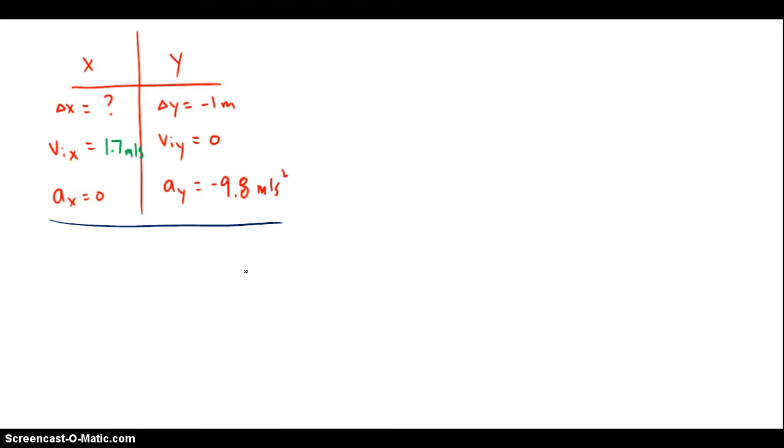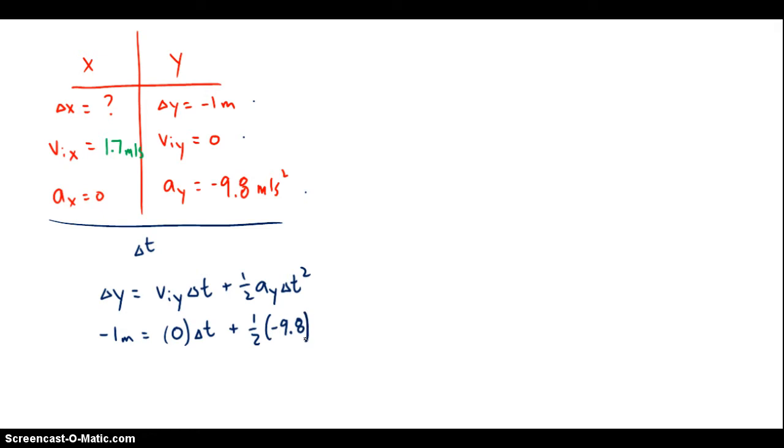So let's try to see what's happening over here in a different table. Okay, so I've rewritten the table here, and we're trying to find the time. We're going to use the y direction because I have 3 variables. So our kinematic equation that includes all 4 of these variables is this one. We can sub in our values. We're going to try to solve for t. If you notice, 0 times t is just 0, so we can cancel out that part of the equation.